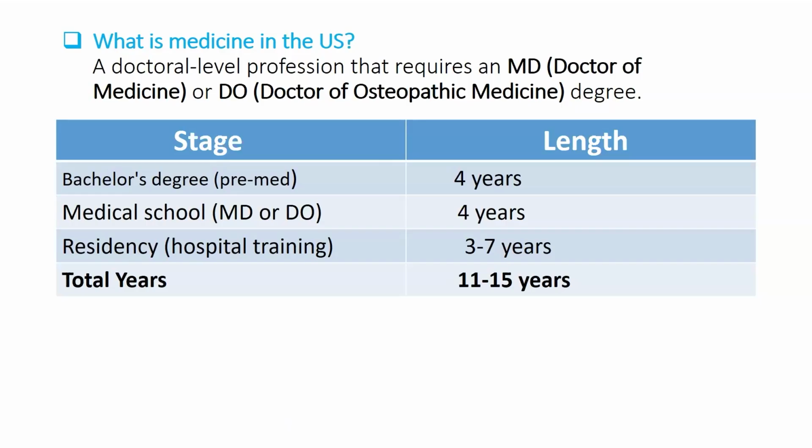The residency takes 3 to 7 years. So the total years to become a licensed medical doctor in the United States is 11 to 15 years. It's not a short path, it's a long path, and it's possible.